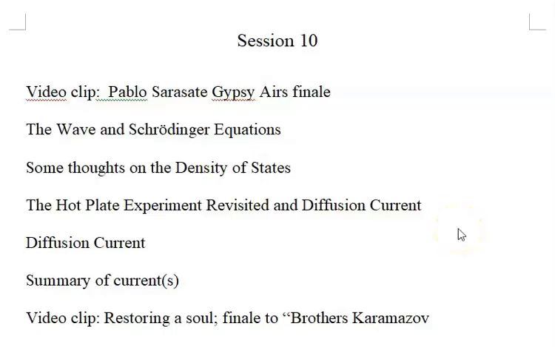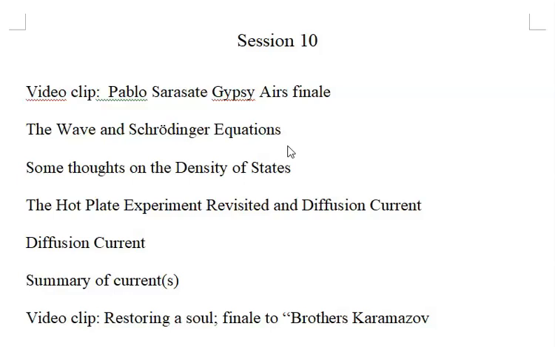Okay, so this is a kind of a broad outline of some of the topics we'll be discussing today. We're going to spend most of our time talking about the wave and the Schrodinger equations, and then we'll move on to the Bohr model, and we'll develop an equation which tells us the energy levels in the Bohr model.